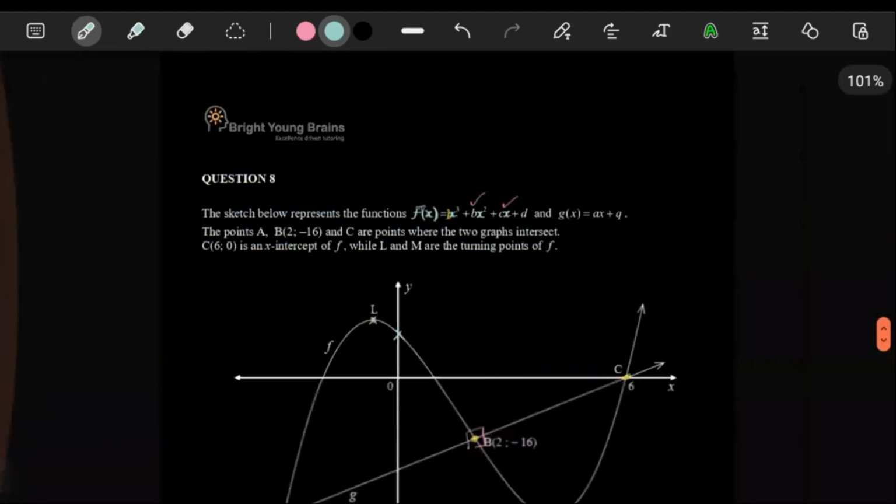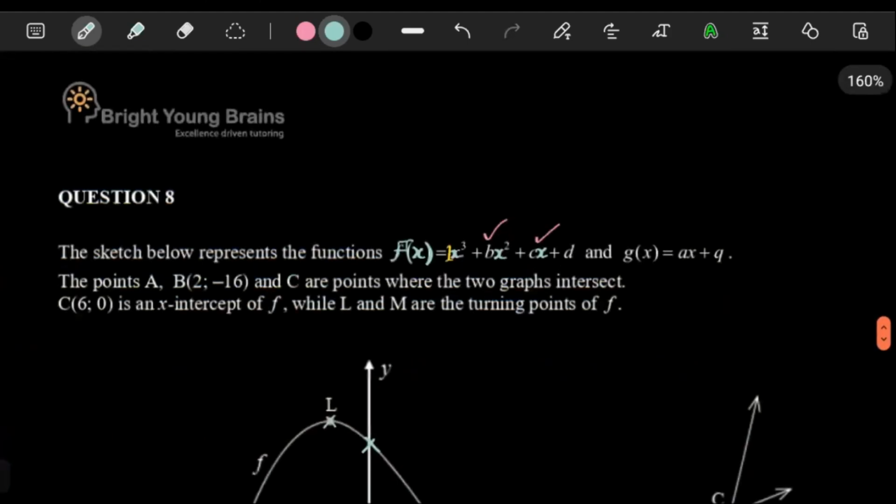Then we will have an equation where we can easily just work out the value of d, you see. Is that fine? Yes. Okay.